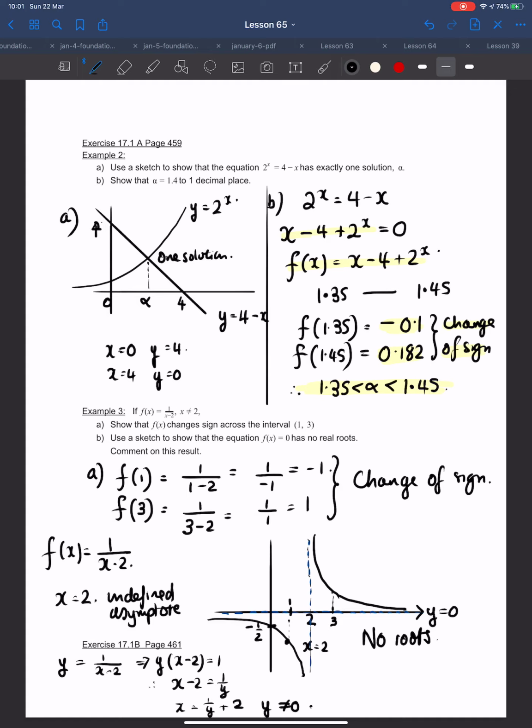If there is a root, there will be a sign change, but the opposite isn't true. The converse isn't true. So there are no roots, it's not continuous at x equals 2. If you think there's a root, you need to go and double check what the graph looks like.